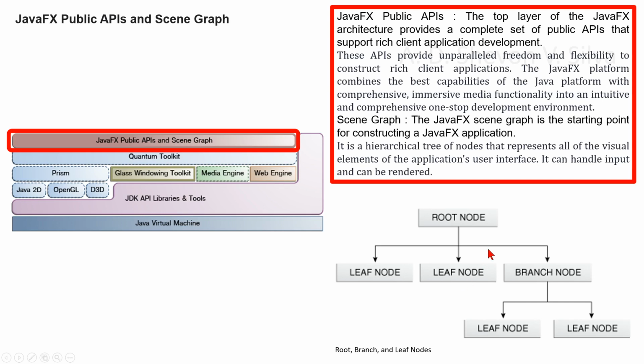The first node in the tree is always called the root node, and it never has a parent.